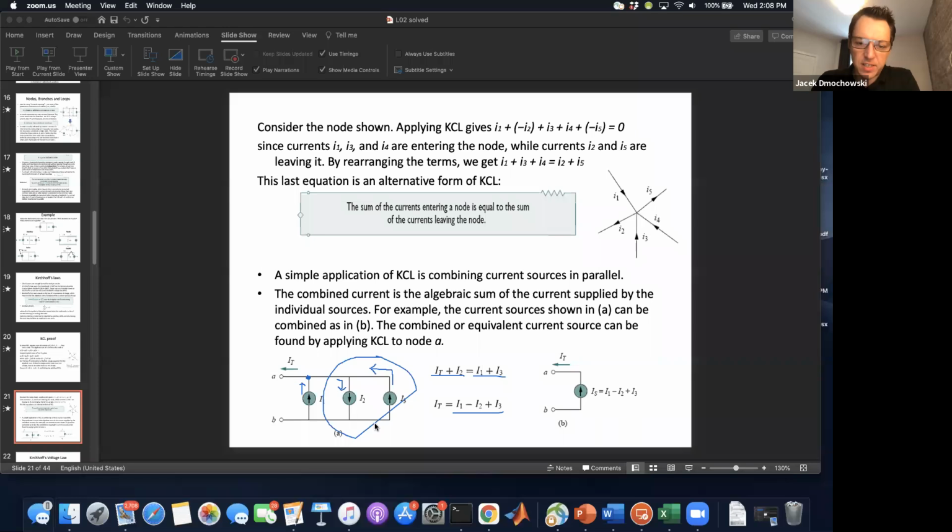The reason we bring this up is that the picture in panel A can be redrawn as the picture in panel B. These three current sources can be combined into a single source whose value is I1 minus I2 plus I3. In other words, we can collapse these three current sources into a single current source because of KCL.